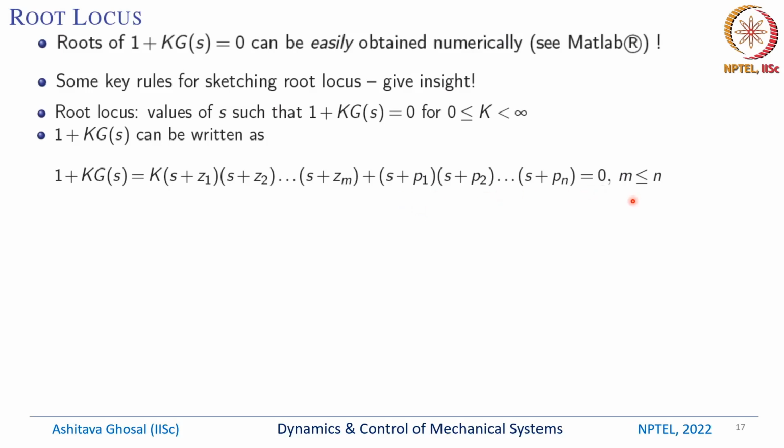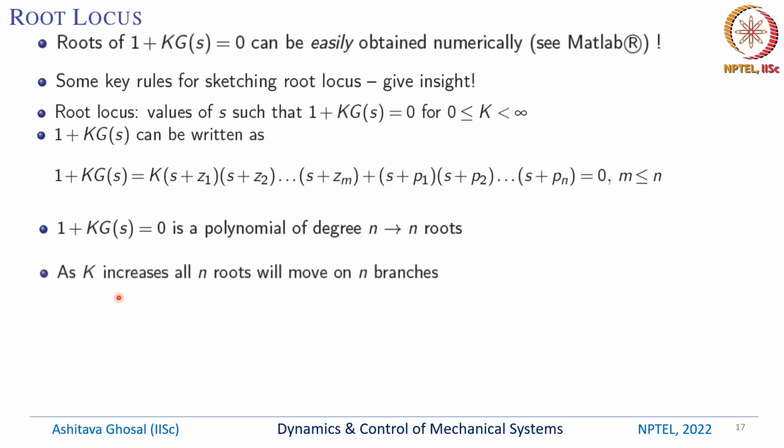And remember again, and we will come to this towards the end of this lecture, m is always less than or equal to n. So 1 plus K into G(s) equal to 0 is a polynomial of degree n. Why? Because this part, (s plus p1) into (s plus p2) and so on, is a degree n polynomial, and we are adding to that a degree m polynomial. So the resultant polynomial is always degree n, and it must have n roots.